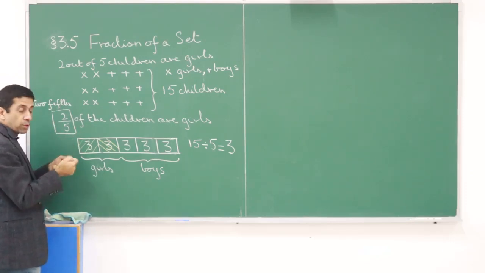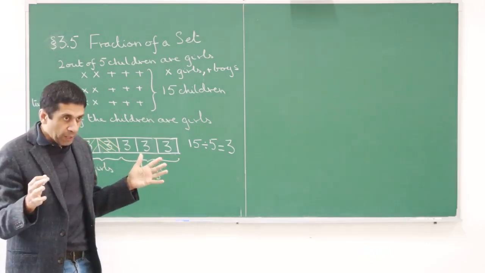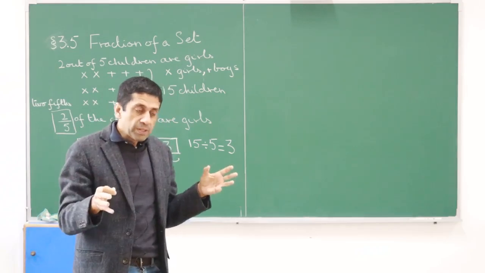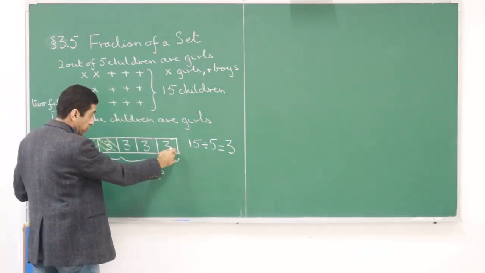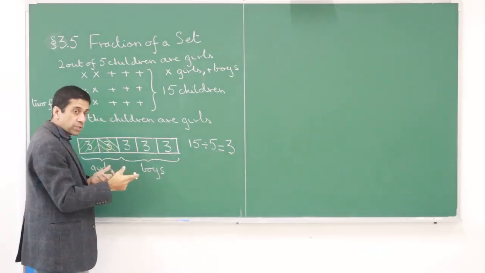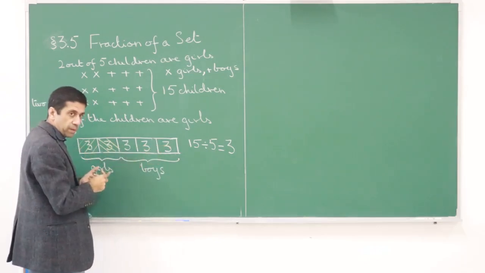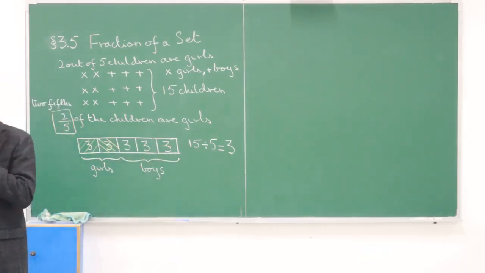A 1/5 is, you take a whole. When we have a part of a whole interpretation, you take a whole and you divide it into 5 equal pieces and you take one of them. So I took a whole in terms of numbers, which was 15, and I divided it into 5 equal pieces, so each piece got 3 children. So I put 3 children in each of the pieces and I took 2 of them. Is that your question? Yeah. Okay.